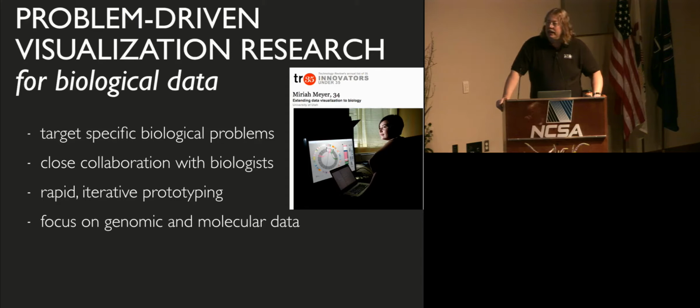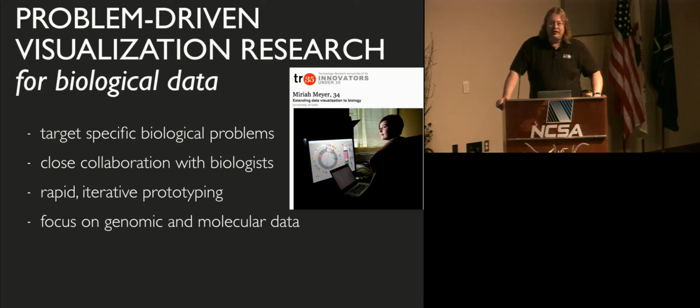She read the papers of the scientists, interviewed the scientists to find out their goals, used their tools, found out what worked and what didn't work in their current visualization systems, and then she went away and designed a system that she thought would solve that particular problem better. And she put her system in the hands of the biologists and let them use it, and then got feedback on what worked and didn't.